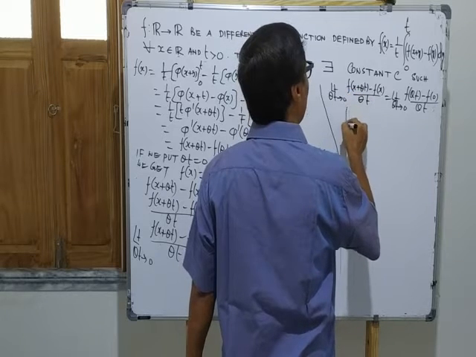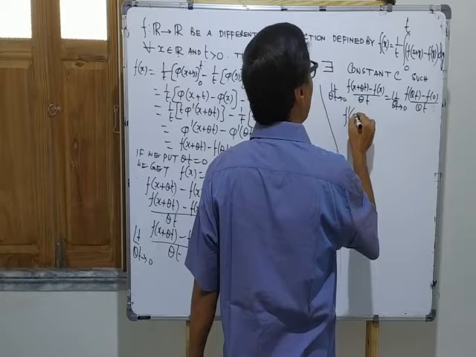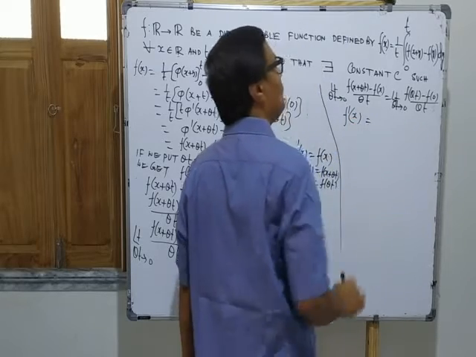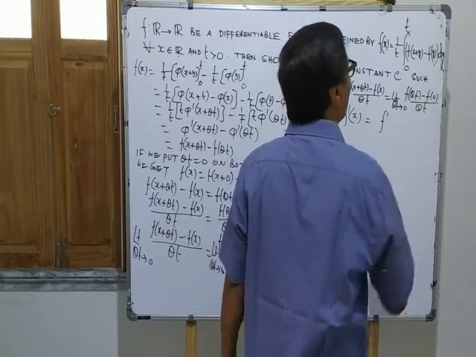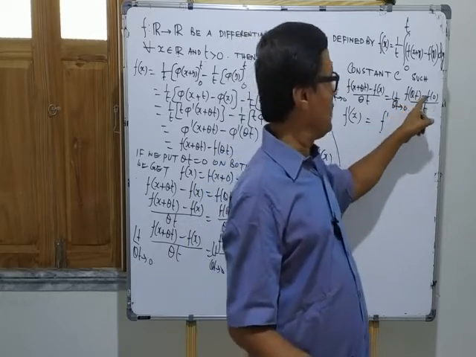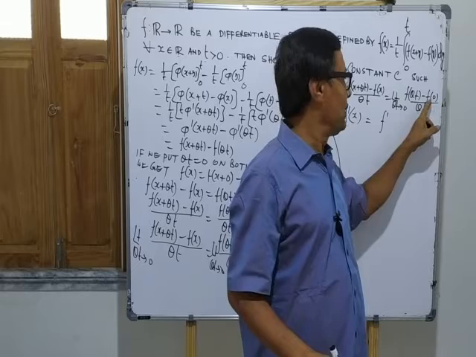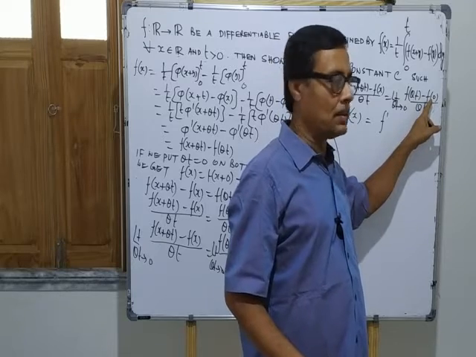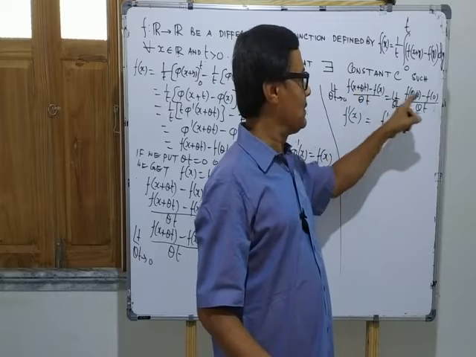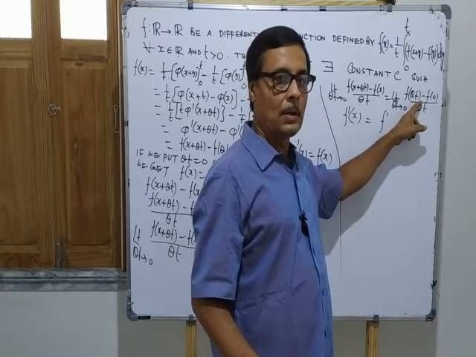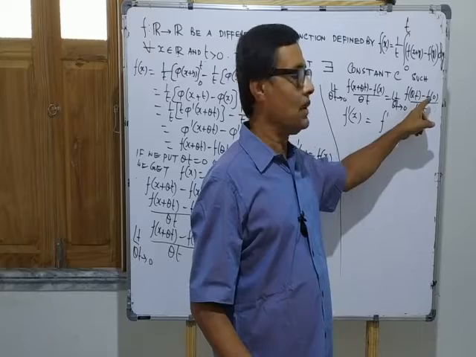So f dot x equals f dot, and this is also the definition of the derivative, a particular value of the derivative at x equal to 0.